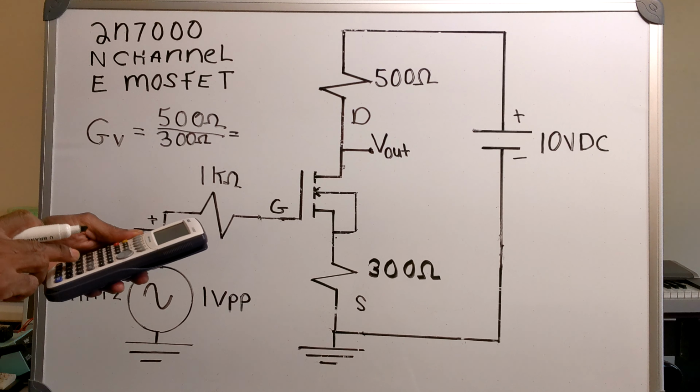Now, that means that on a 1-volt peak-to-peak signal, I'm going to get a voltage out here of 1.66 volts peak-to-peak.